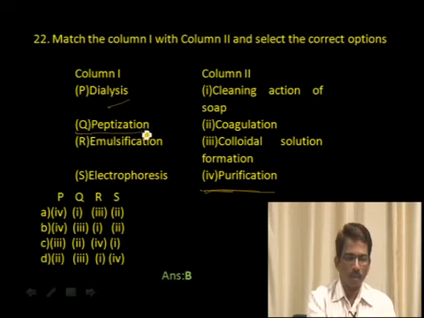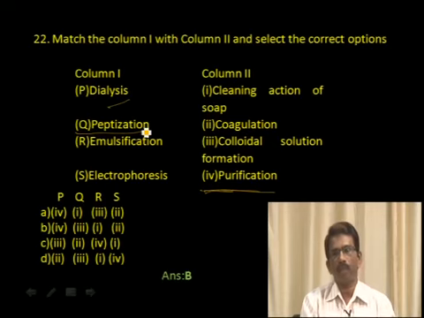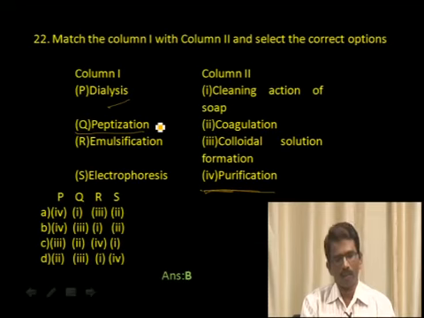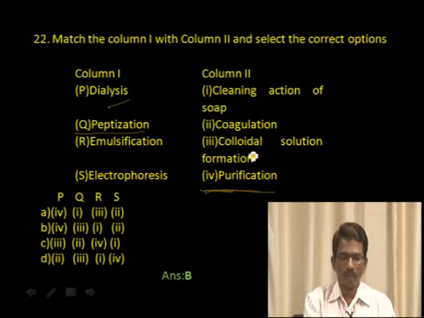Q is peptization. Peptization is nothing but the phenomenon of conversion of a freshly prepared precipitate into a colloid. It is connected with the formation of colloidal solution, and therefore Q matches with 3. And emulsification definitely matches with the cleansing action of soap.